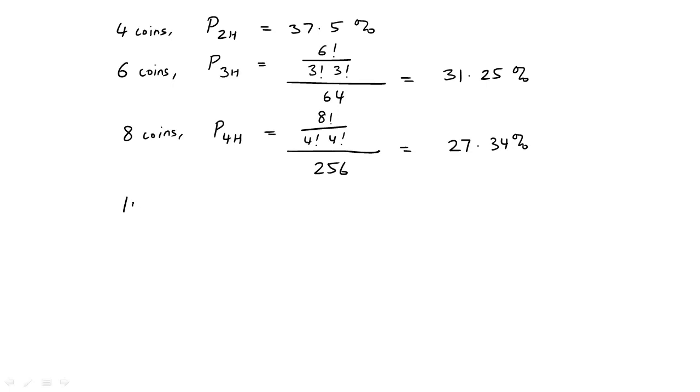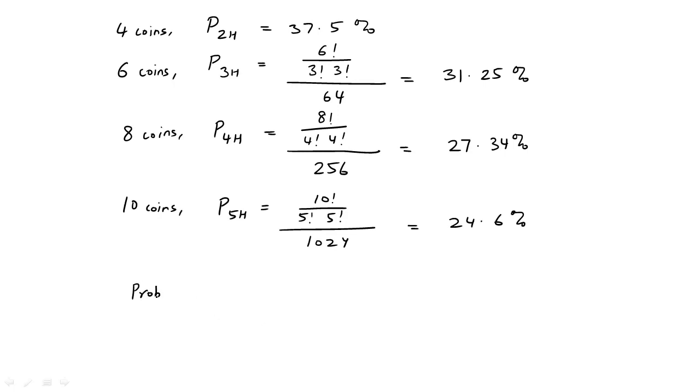And if we go to 10 coins, the probability of the most probable distribution is 10 factorial divided by 5 factorial squared, divided by 1024, which is 24.6%. We can clearly see that the probability of the most probable distribution decreases with increasing number of coins.